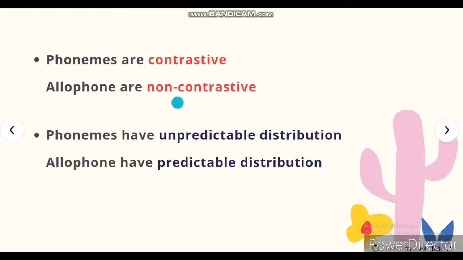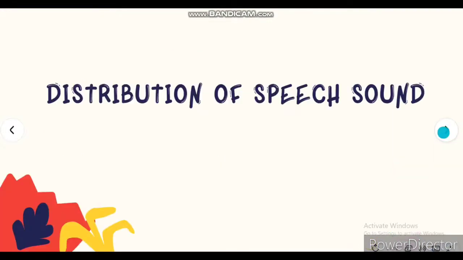So here we can get a conclusion. Phonemes are contrastive, while allophones are non-contrastive, and phonemes have unpredictable distribution, while allophones have predictable distribution. So next we have distribution of speech sounds.